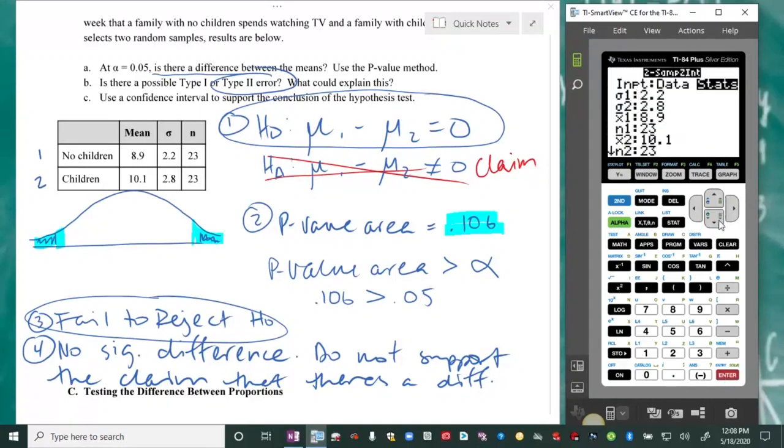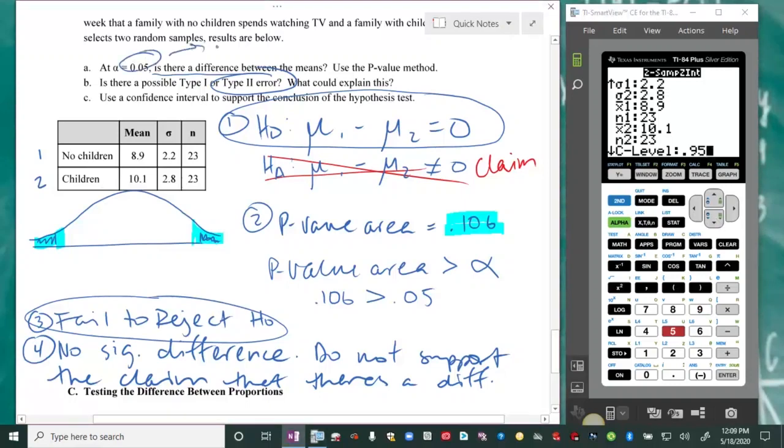With any luck, yep, it keeps all of my numbers. So I go ahead and keep everything but the confidence level, and that's going to be 0.95 to match the 0.05. So my confidence level is going to be 1 minus 0.05, so I need a 95% confidence interval.